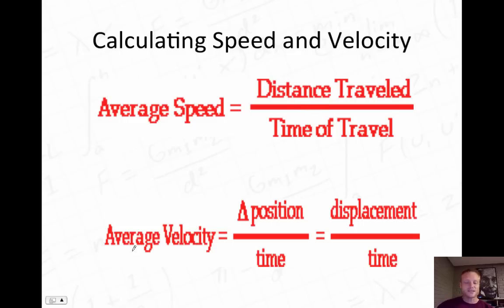Whereas the average velocity is the change in the position, and if you ever see that triangle, that just stands for change, divided by time. Change in position really is displacement: how much did you displace yourself from the starting point, and how long did it take to get to the ending point? So they're two different things, but similar.